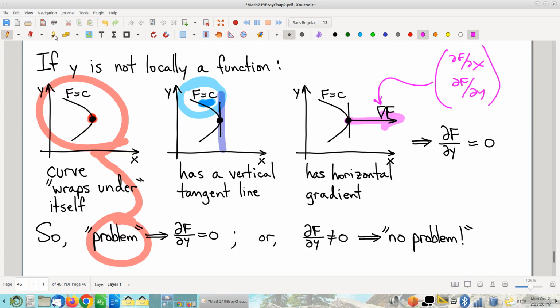If that's horizontal, then its second component would have to be 0. So if you have a problem, this will be what you might call a symptom of that problem. Unavoidably, if you have a problem, that y partial is 0. Is that cool?